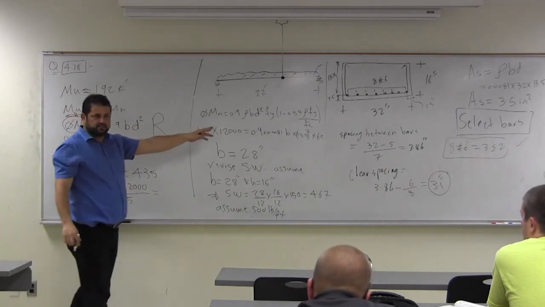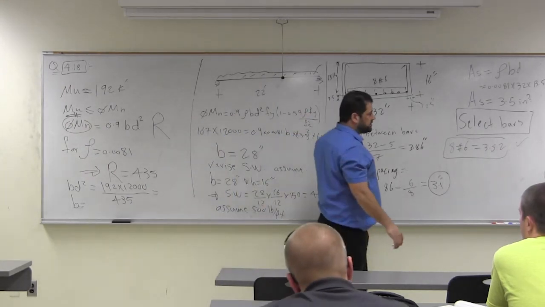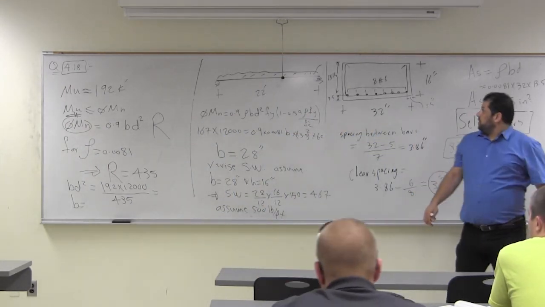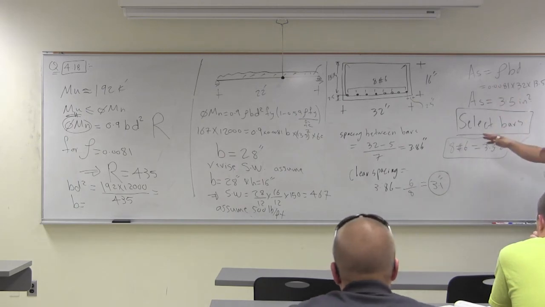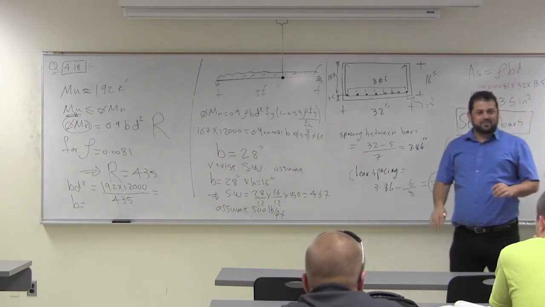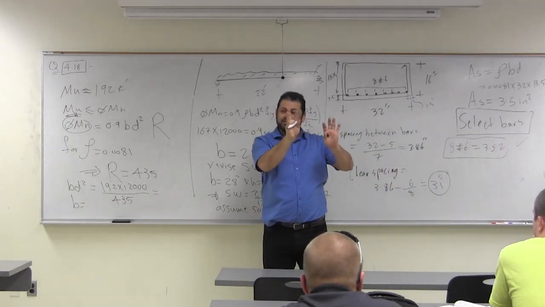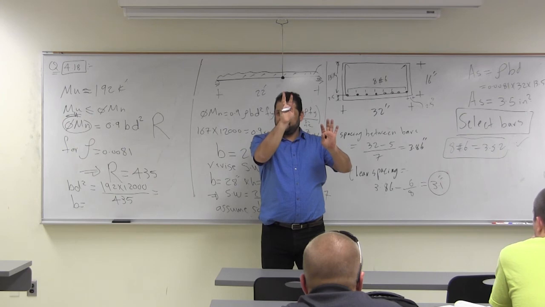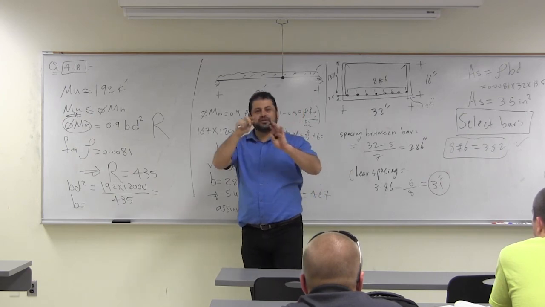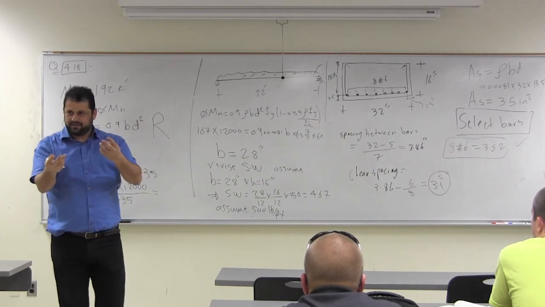That's what we get. See, the design is much easier. You don't have to worry about this equation. Or you can do it this way: phi As fy (d minus a over 2) by assuming a. In that equation, you put 192 equal 0.9, and now you need to assume b, right? You assume b, you get As, because rho you have.